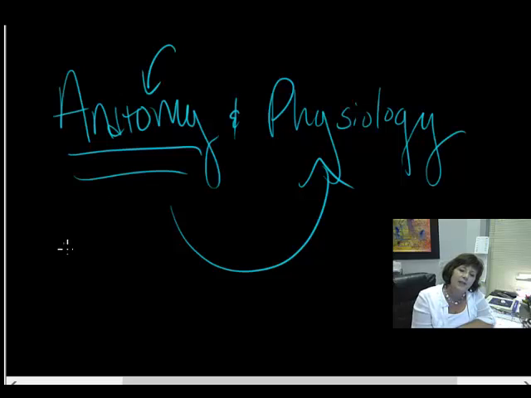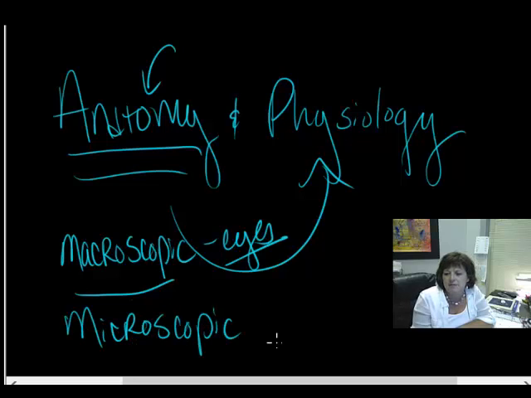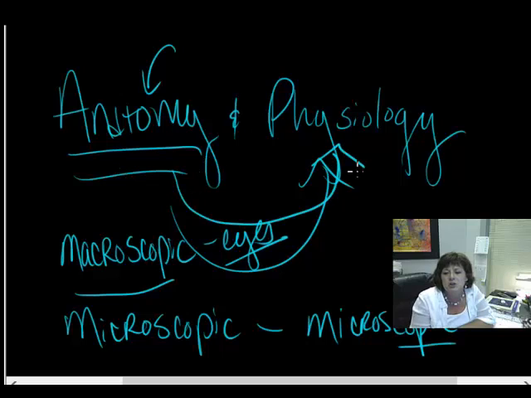This is not only at the macroscopic level, which means I can see it with my eyes, but also at the microscopic level, which means I need a microscope to see it. Okay, we'll look at both of those. We'll look at the anatomy, and then we will look at how does it function. And we'll also look at how all the body systems function together, because they are all very closely tied together. So that gives you a brief overview of what is anatomy, what is physiology.